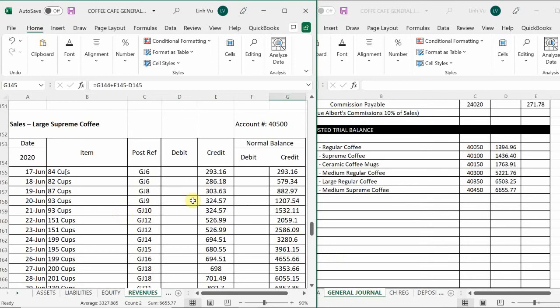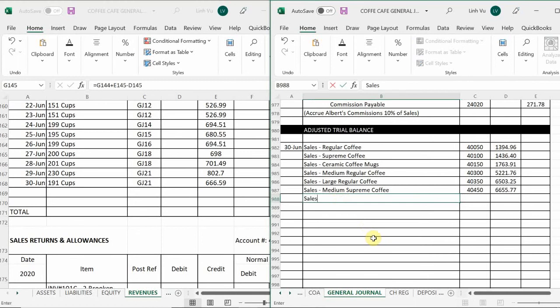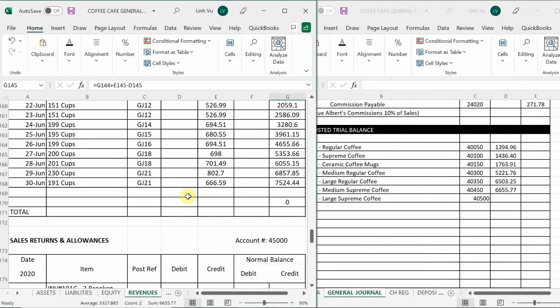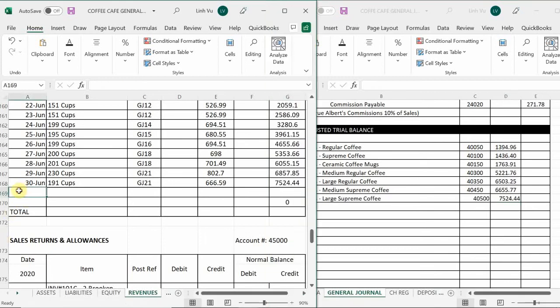Then we have our sales for the large supreme coffee, for the total amount of $75,24.44.